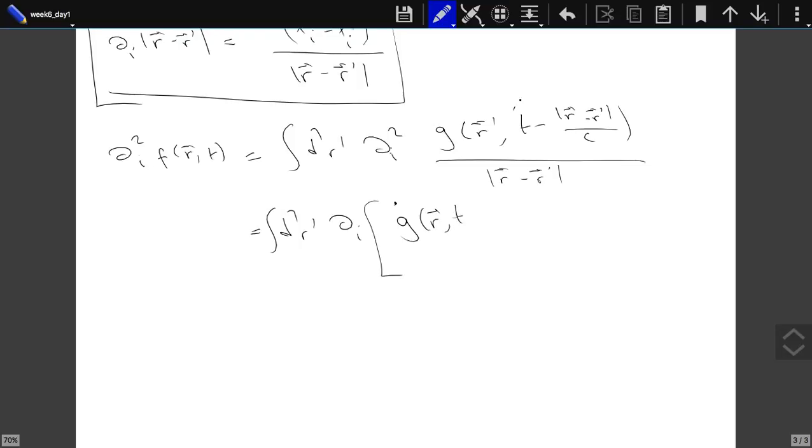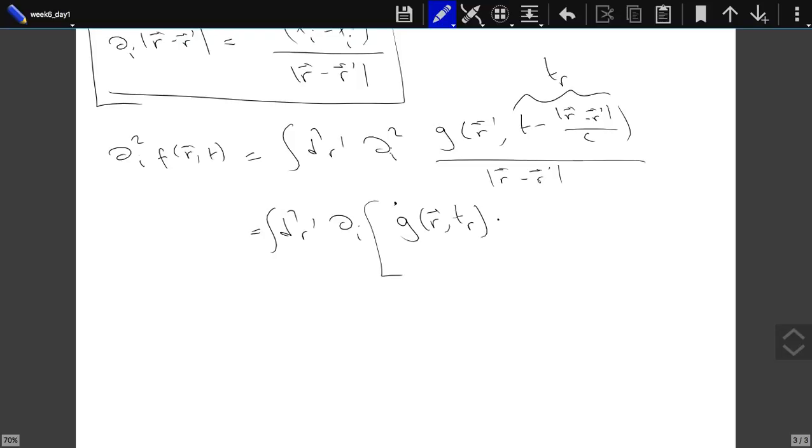Let me just give this a name, tr. It's called the retarded time, retarded because the effects take some time to reach the final point. So g dot at r prime, tr times the derivative of tr with respect to r.